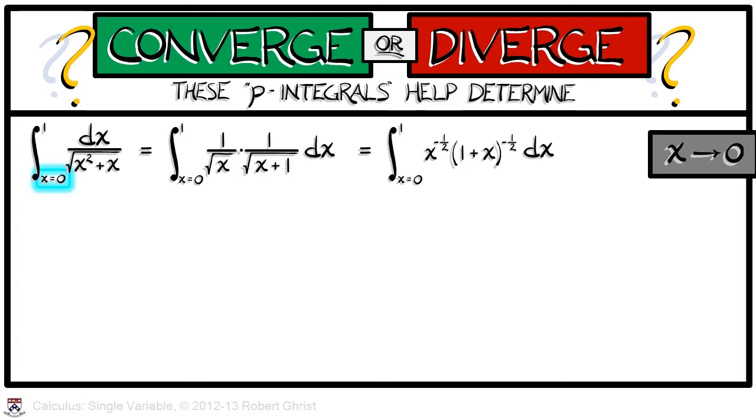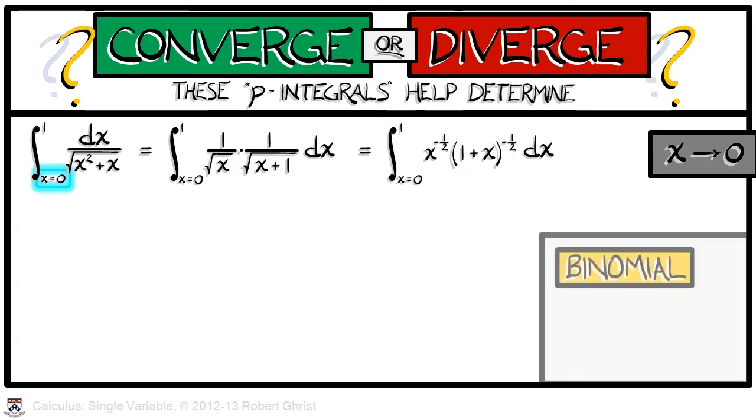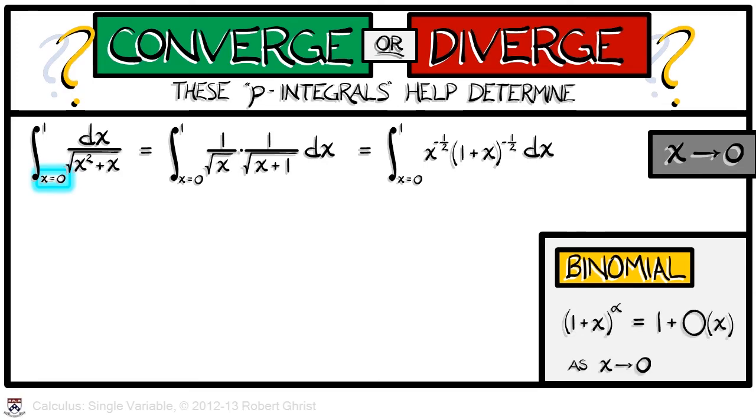And this, then, is helpful. Why? Because the binomial series says that whenever you have 1 plus x to the alpha, as x is small, then this is of the form 1 plus something in big O of x.